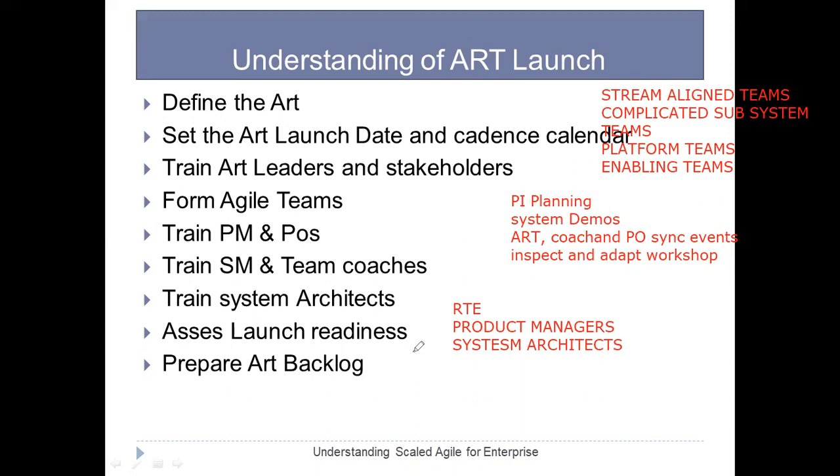The last one is preparing the ART backlog, which focuses on the scope of PIs. What gets built is primarily defined by the ART backlog, which contains the set of upcoming features, NFRs, and architectural work that define the system's future behavior. To this end, SBCs and LACE stakeholders often facilitate bringing the ART stakeholders together to prepare a common backlog.